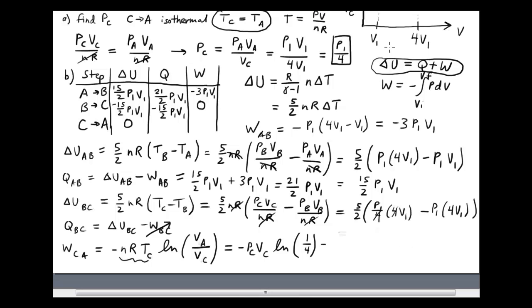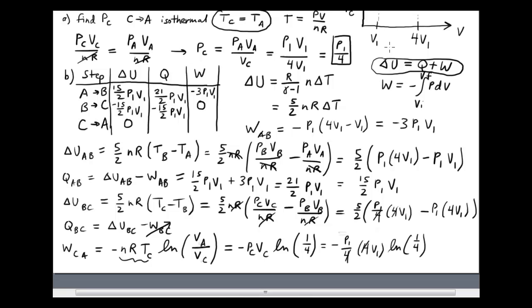So this is negative. Pc, I said, was P1 over 4. Vc is 4V1. So the 4 and the 1/4 cancel, and we get log of 1/4. So the 4's drop out, giving a P1 V1 out in front.